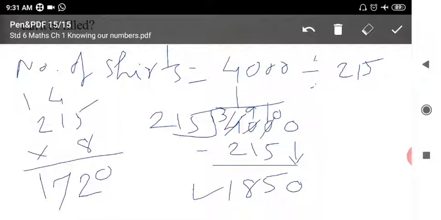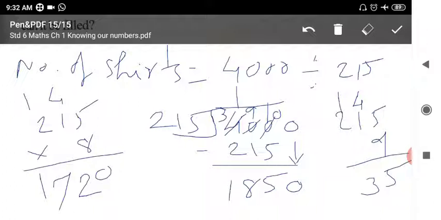We require 1850, and here it is coming 1720, which is less. Okay. So we will try 9s. Let's see what is coming with 9s. If we are trying here 215 multiplied by 9.